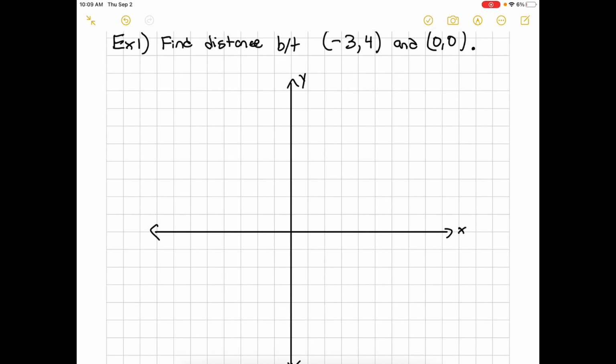Okay, here's example 1. Find the distance between the coordinates -3, 4, and 0, 0. So first let's plot these 2 coordinates. If I plot -3, 4, we'll start at the origin, we go left 3, and I go up 4. So I'm right here.